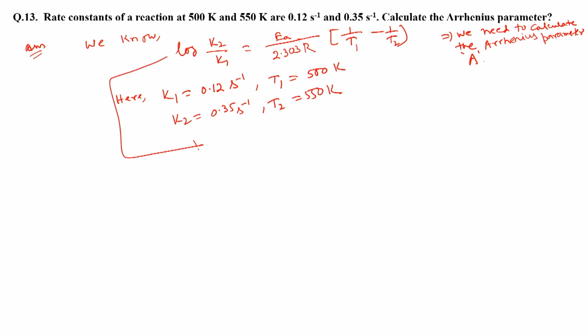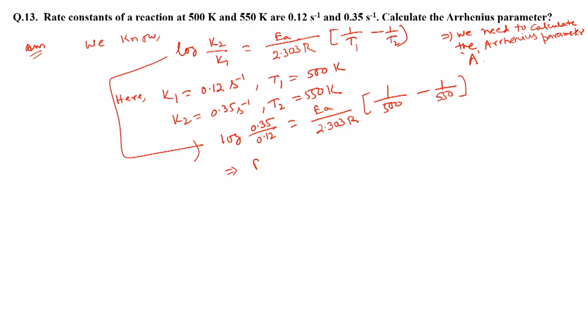If we substitute these here, we get log 0.35 by 0.12 is EA by 2.303 R times 1 by 500 minus 1 by 550.